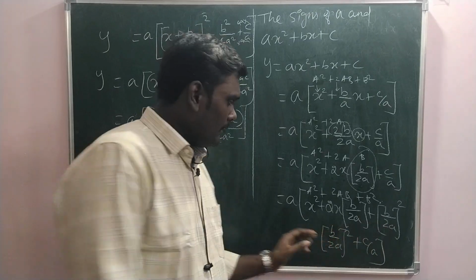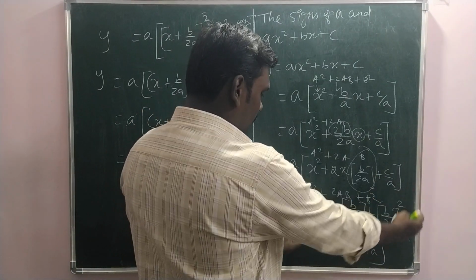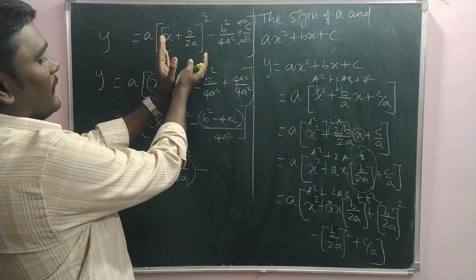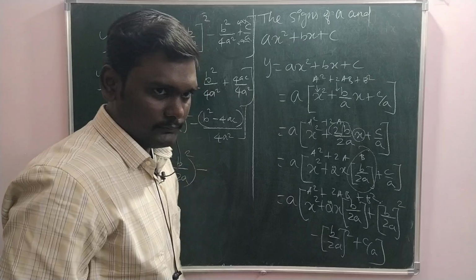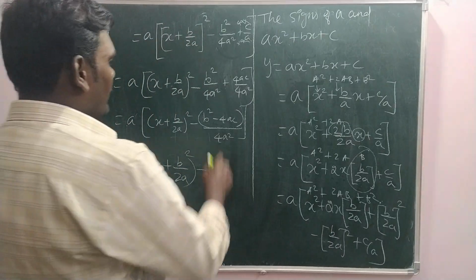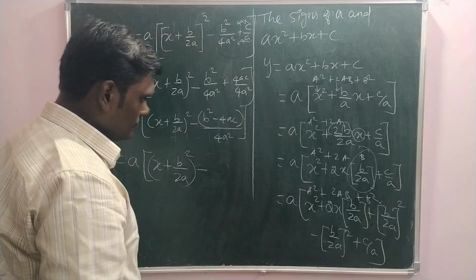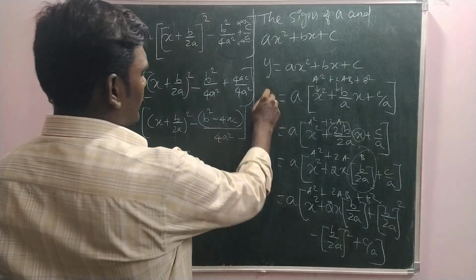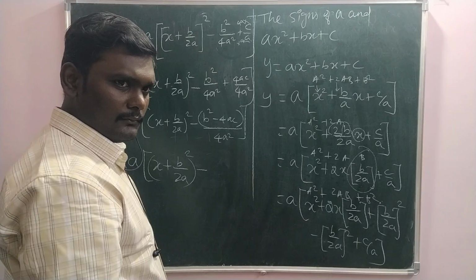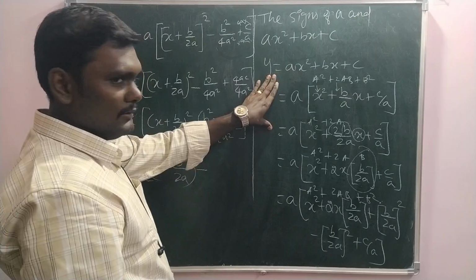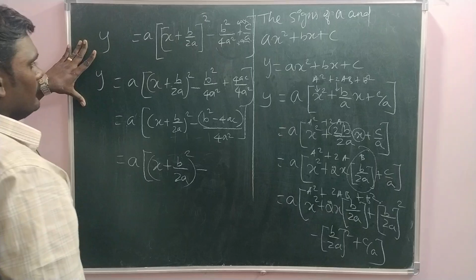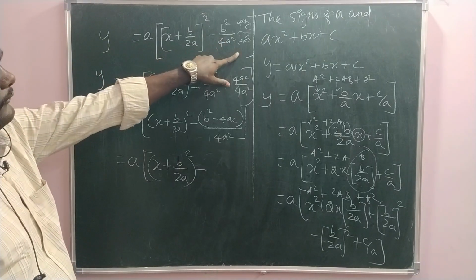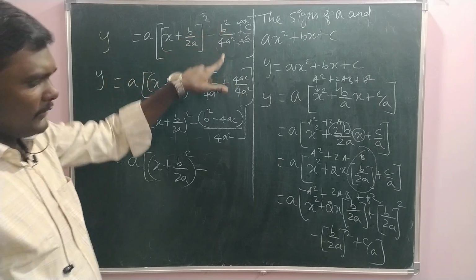Okay, and then all these first three terms look like a plus b whole square, I mean capital A plus capital B whole square. Then that one I represented. Remaining things I am sorting out. Okay, then we got y, this is left side. Here also y only. Minus b square by 4a square.